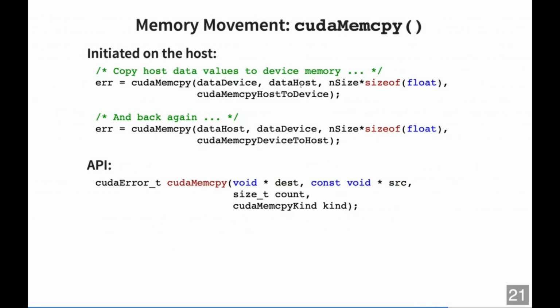Then I say I want to copy this number of bytes, and then there is this special argument, cudaMemcpyHostToDevice, which tells cudaMemcpy which way the transfer is to occur.